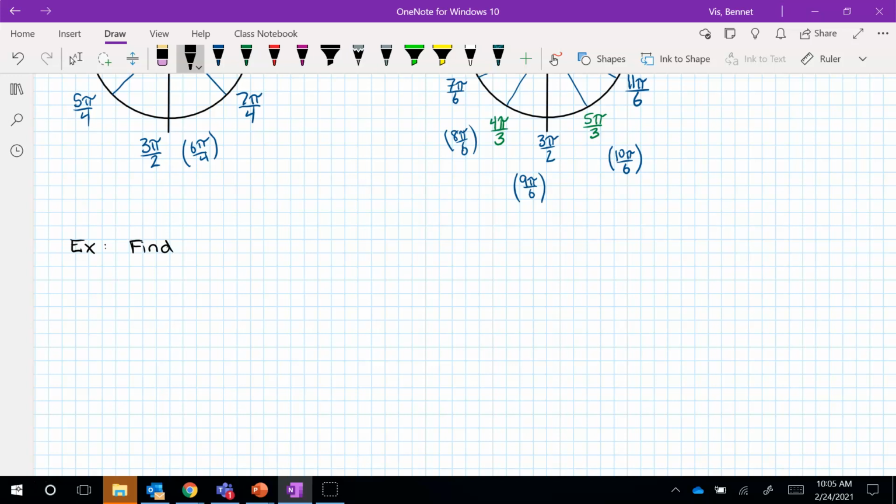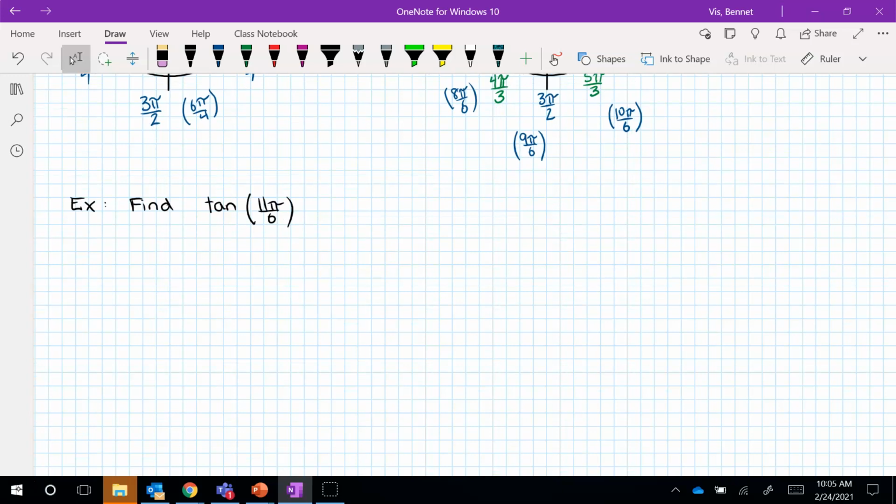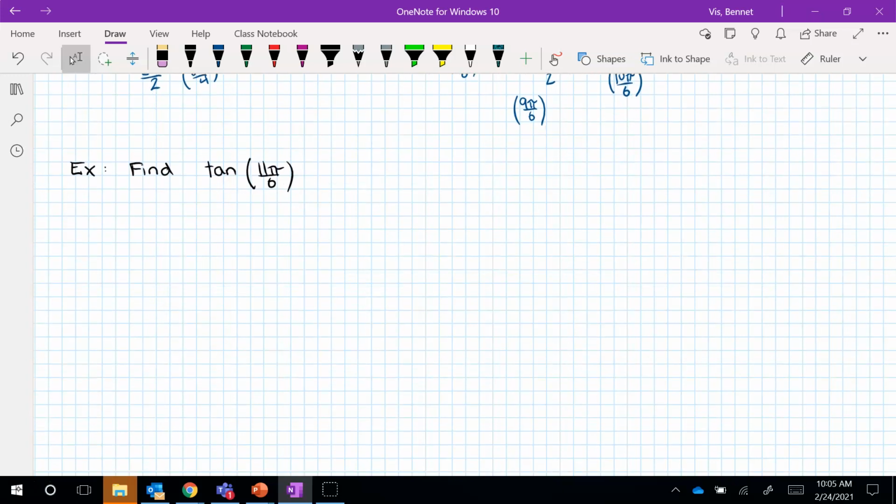What if I want to find, let's do that one, the tangent of 11 pi over 6. And let's say that I'm not looking directly at this circle up here, so I don't know exactly where it is. I can do some thinking in my head to try to figure out how I am going to get there.